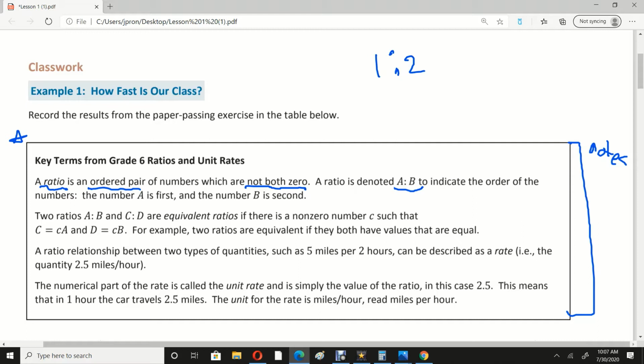And again, we talked about this last year in class: the order of the denotation matters. A is the first number. B is the second number.